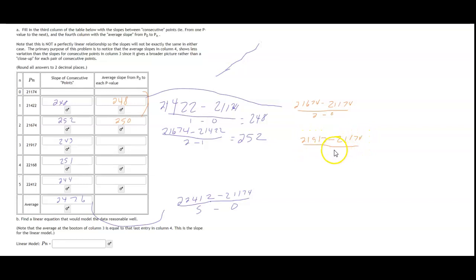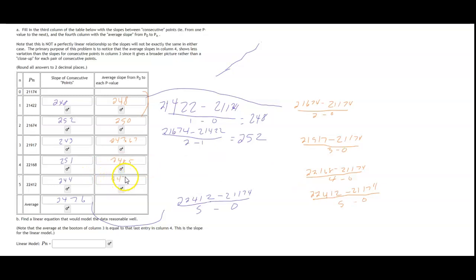We're going to divide that this time by 3 minus 0. And that gives us 247.67. And we just keep doing that all the way down. Of course, that can be 4 minus 0. And that gives us 247.6.